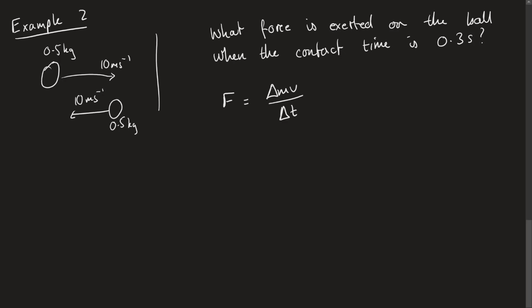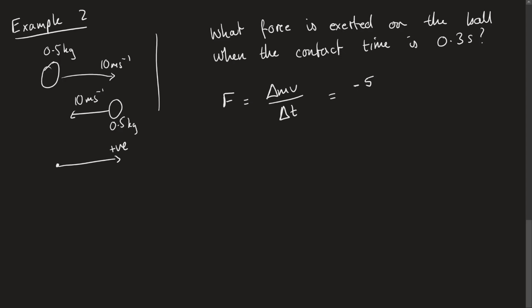So what we can say is our change in momentum is going to be our final momentum minus our initial momentum. I'm going to define this direction to be positive because now I've got things moving in two directions. My final momentum is this second one here. So my final momentum is actually minus 10 times 0.5, which is minus 5.